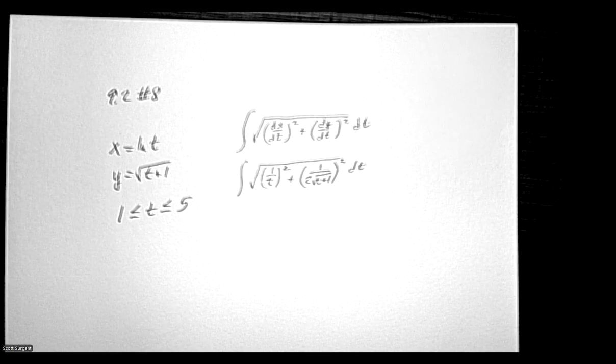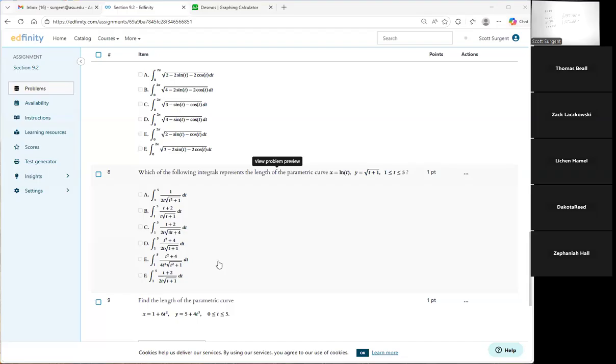What do they do? Give me a second here. It looks like they're simplifying. Hold on a second. I'm going to share the screen again. Well, clearly what I wrote down doesn't look anything like what you see here.